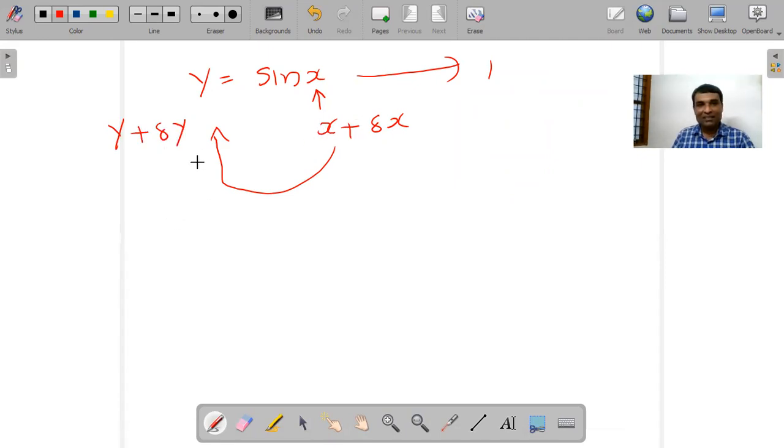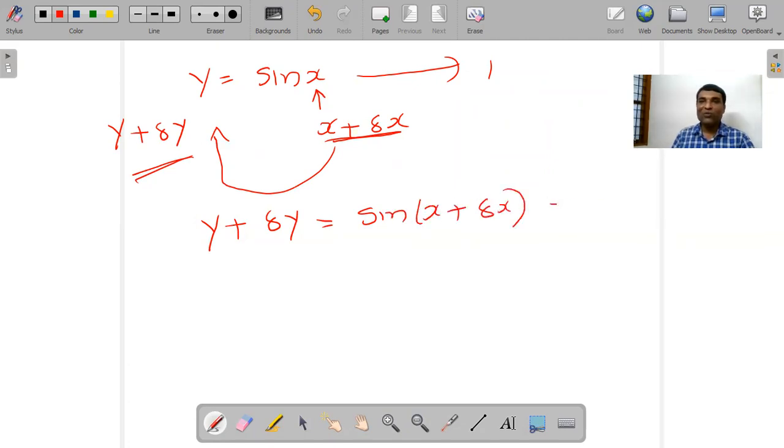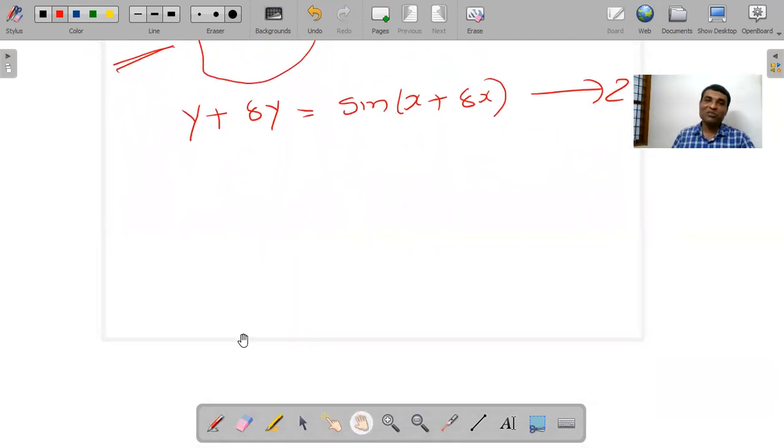So this is happening due to a small variation or a minute change in the input variable, delta x. So I am writing this condition as y plus delta y is equal to sin of x plus delta x, right? Now we have two equations. Previously we just subtracted equation 2 and equation 1.